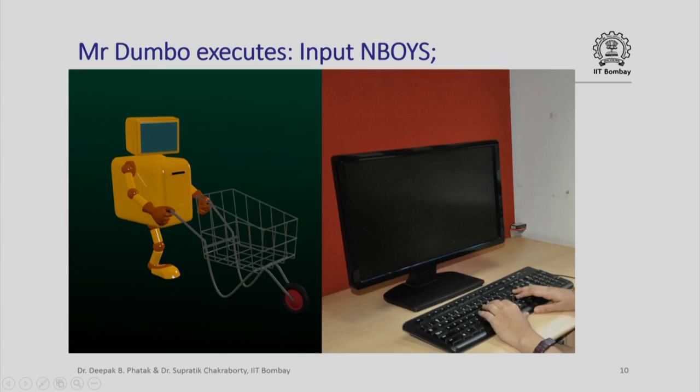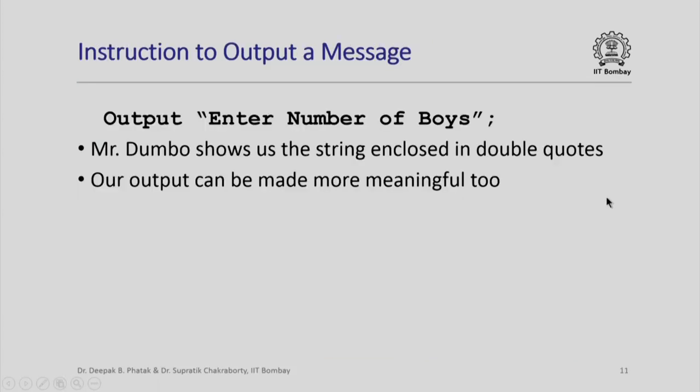We would like some indication, preferably an indication to appear on our screen, which suggests that Mr. Dumbo is waiting for some input value. Well, we then introduce another instruction, an instruction to output a message. For example, if we write output "enter number of boys", this is a string of words enclosed in double quotes.